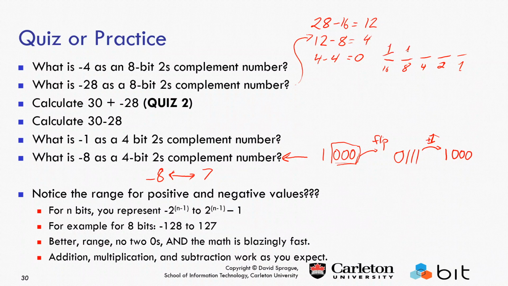I have an 8 that is on. I have a 4 that is on. I have a 0 and I have a 0. Thus, I need 8 bits. 1, 2, 3, 4, 5. I need 3 more. 0, 0, 0, 1, 1, 1, 0, 0. That's what 28 is in 8-bit binary.